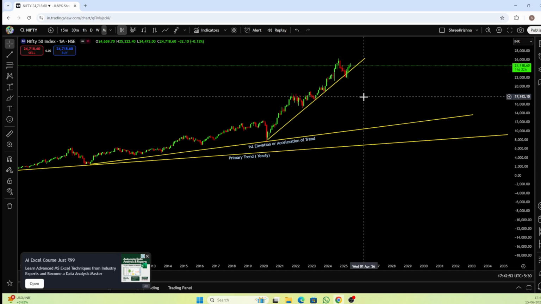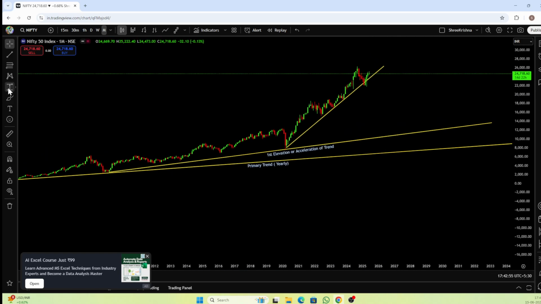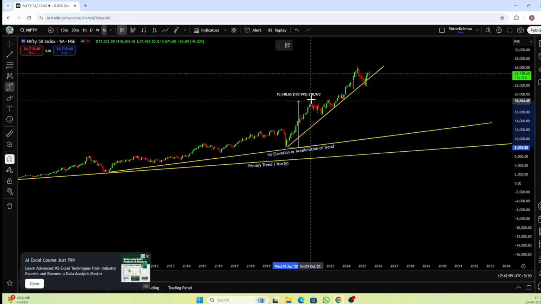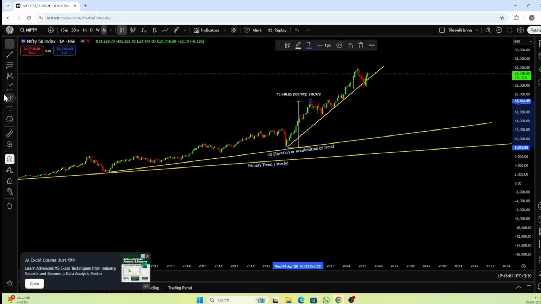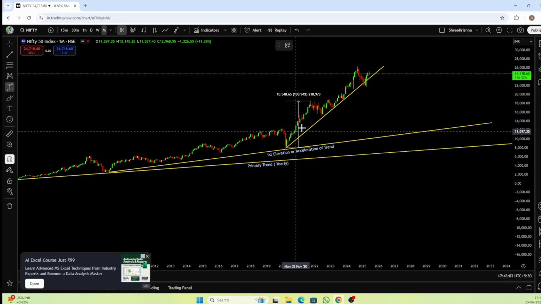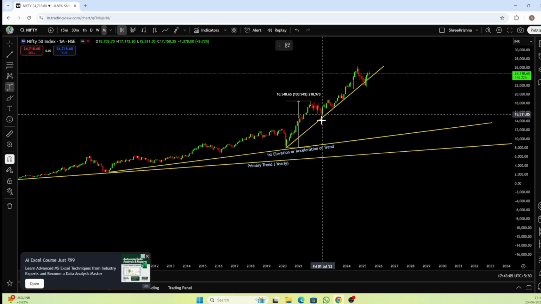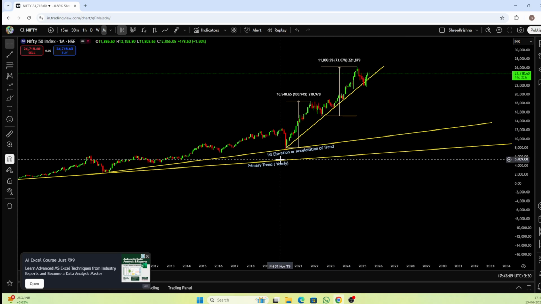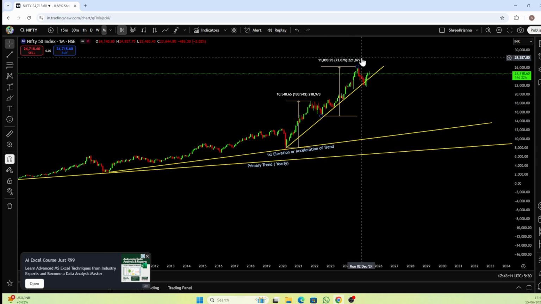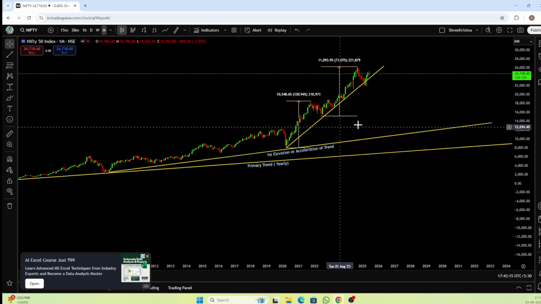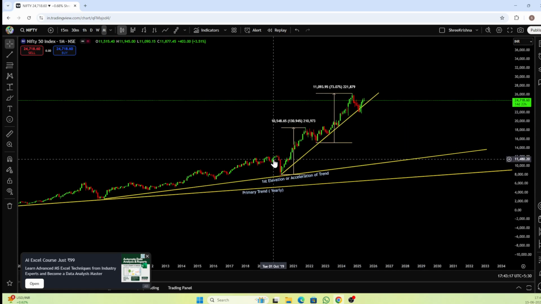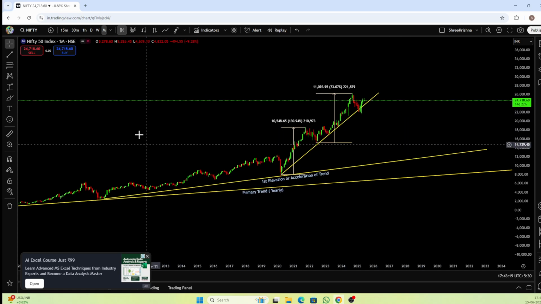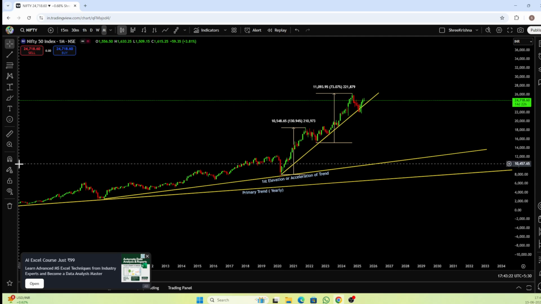We need equal or more than equal between two sets of acceleration, that is 10,548.65 and here 11,093. So these are equal heights, more or less equal heights. So it is a step of 1 2 1 2.